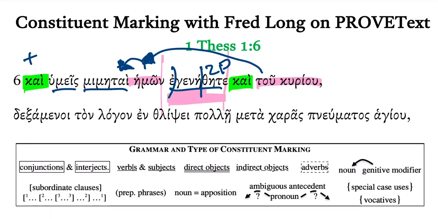So the verb is splitting that up. So each of these, hēmōn and tou kyriou, both of them are modifying the mimētai, but they're discontinuous and they're being broken up by this verb, probably for some effect.